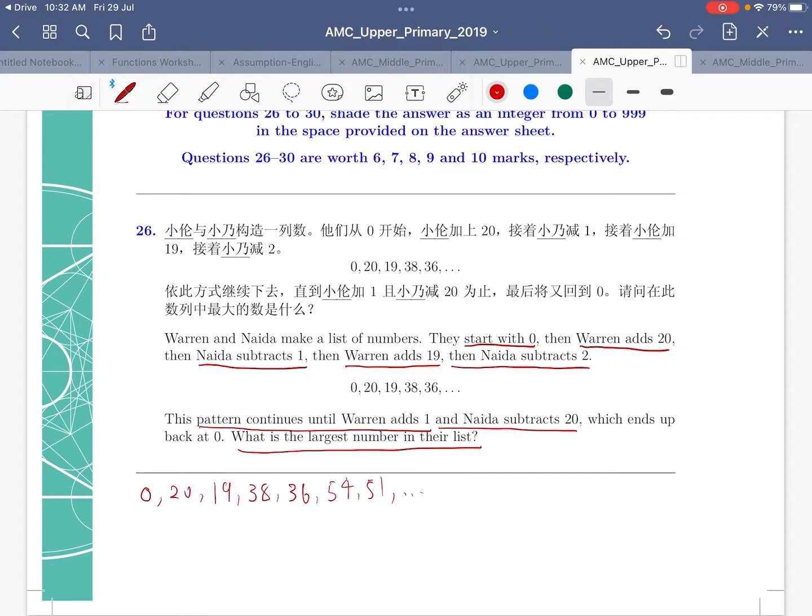Now, in order to find the largest number, it makes sense for us to pair up both numbers involved in the operation at the same time to see the net effect. What do I mean by that? Remember, Warren will always add a particular number first, followed by a subtraction by Naida. So we can consider them together and view the effect after Warren has added his number and Naida has subtracted hers.